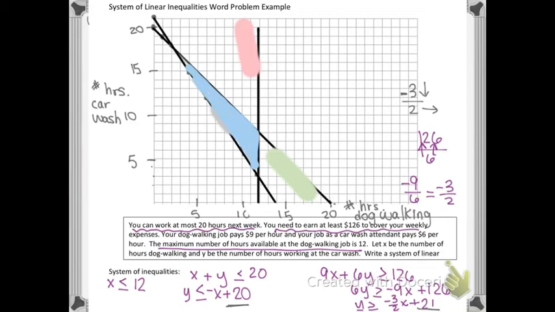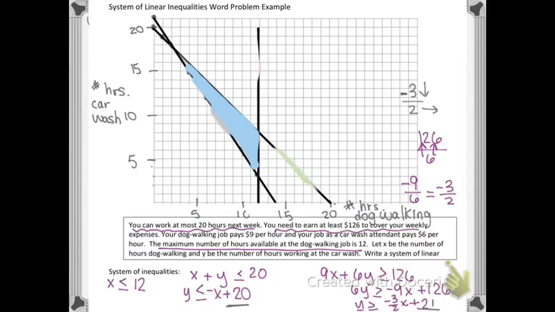That's where I would see the shading of all 3 colors. It's to the left of that vertical line, beneath that first slanted line I drew and above the last one. So that's my solution region.